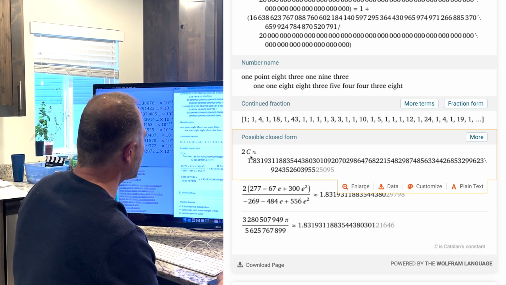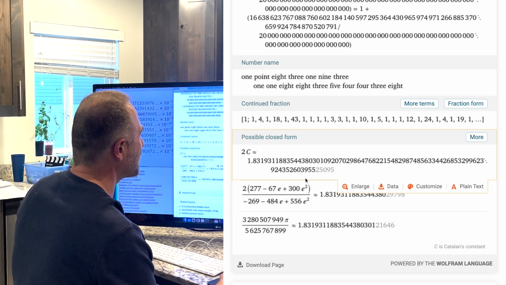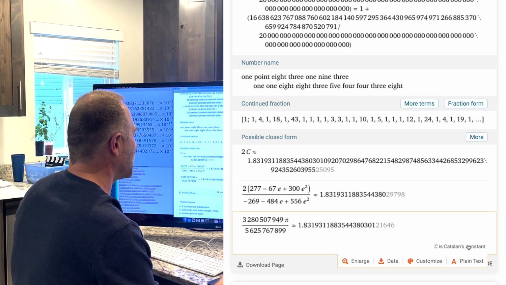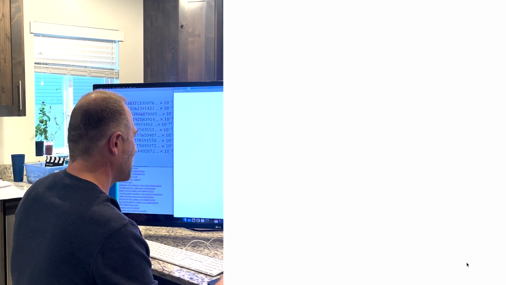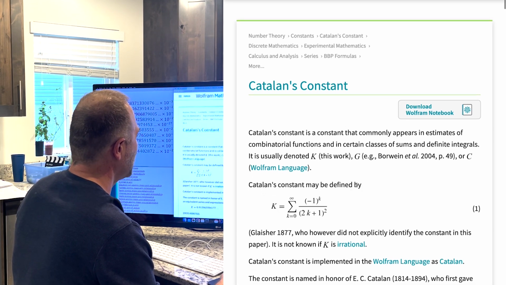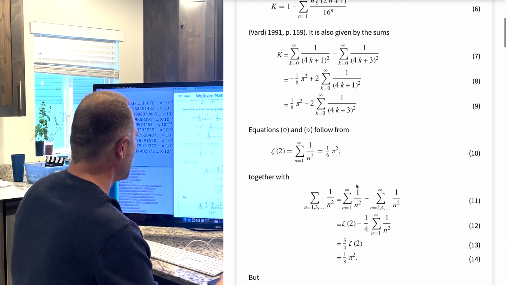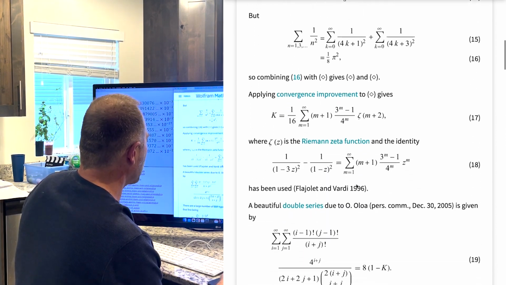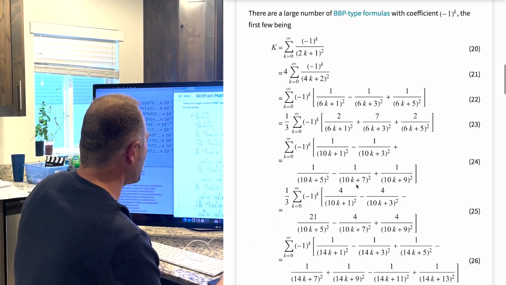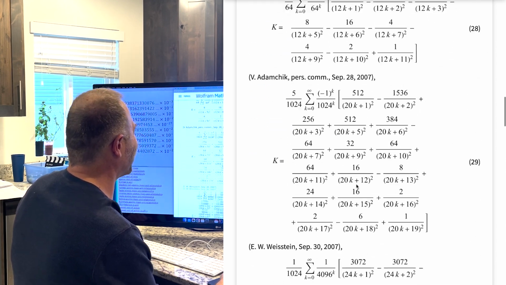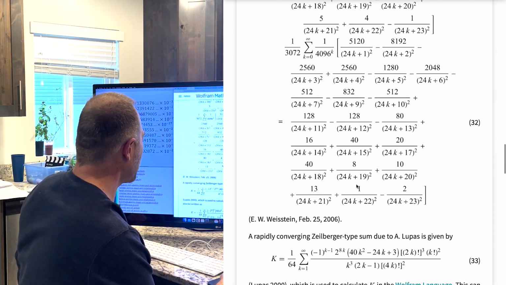Now, they're using capital C for Catalan constant, and I'm using capital K because I have too many C's as it is, but it's also sometimes capital G. It's got amazing, amazing properties. We're going to get into some of them as we go down.